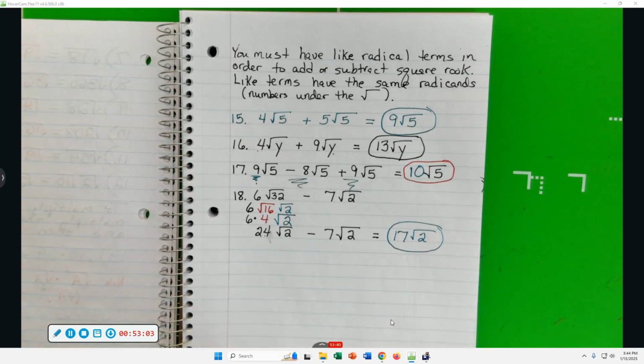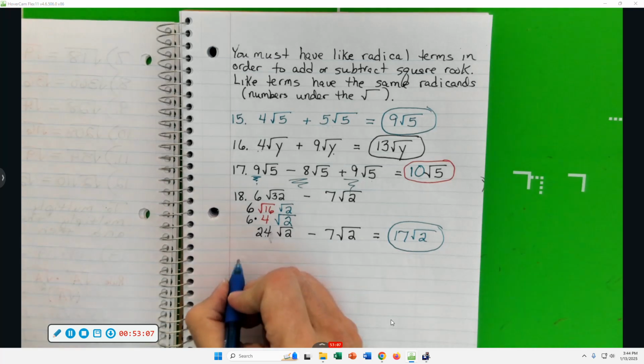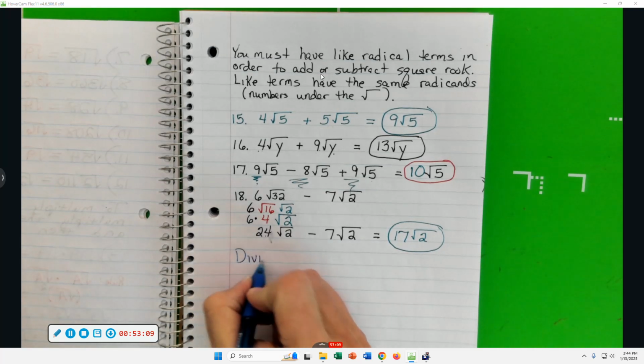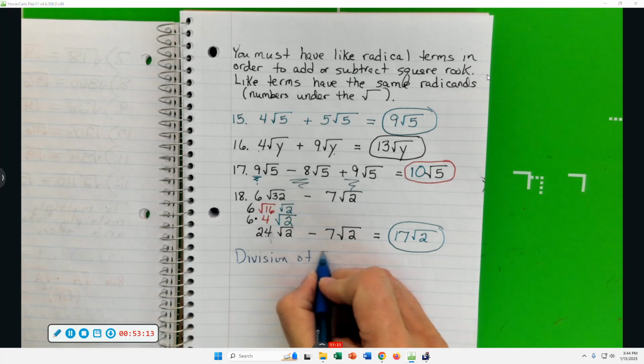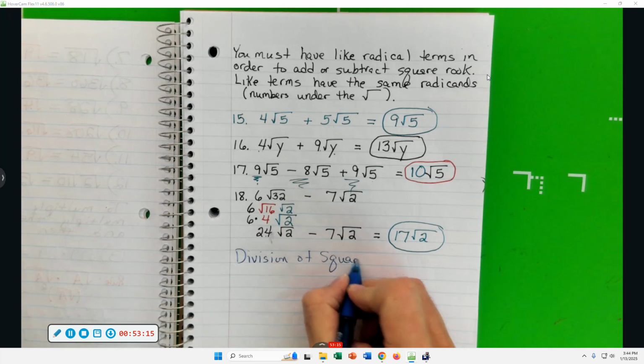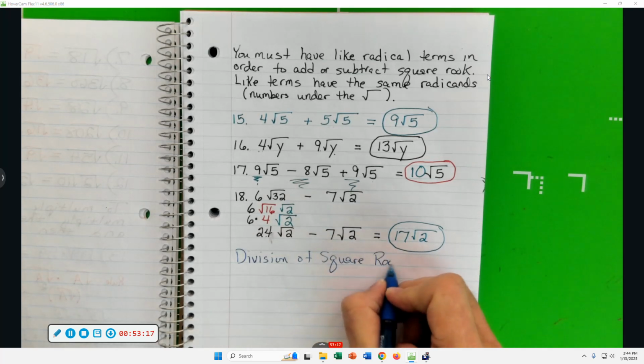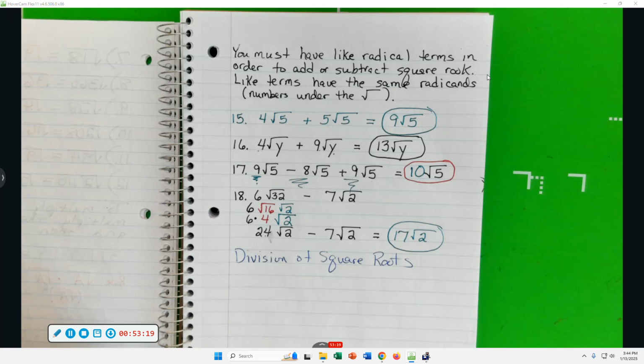Right now, we're going to divide square roots. Division of square roots has a special name.